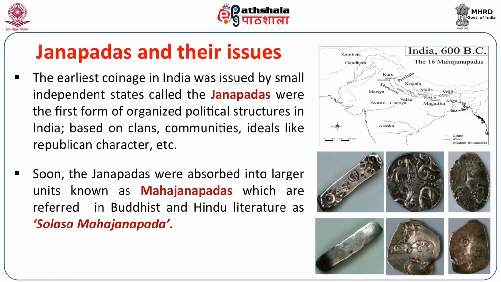The earliest coinage in India was issued by smaller independent states in the 6th century BC. These have been termed the Mahajanapadas, and there are references to 16 such states. Modern numismatists have used this information to plot out the coins according to the finding of the coins in the modern period as coin hoards.